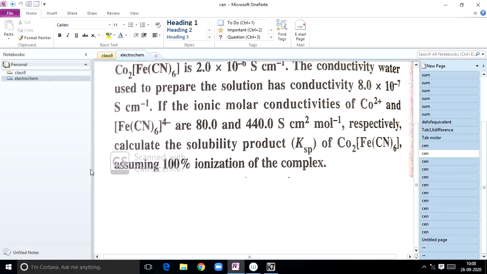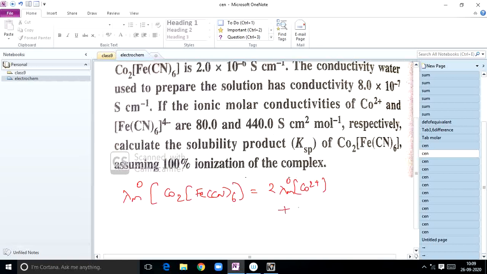First, lambda m naught of the complex. Lambda m naught of the first complex, what is that? Co2 Fe(CN)6 is equal to, you have to split this one, 2 into lambda m naught of Co2 plus, plus 1 into lambda m naught of the big complex. What is that? Fe(CN)6 4 minus.